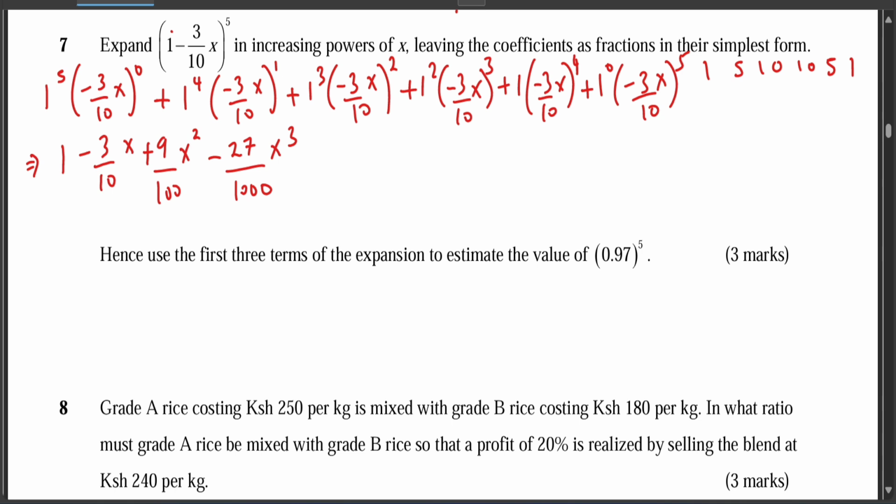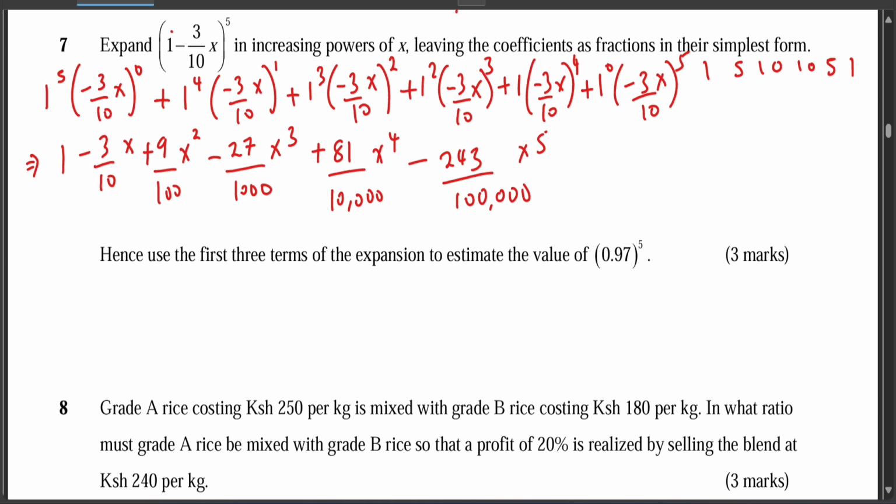Yes, it is 81. So it gives you positive 81 over 10,000 x raised to power 4. Then you have the last one being negative 243 over 100,000 x to the power of 5. Yes, 100,000.